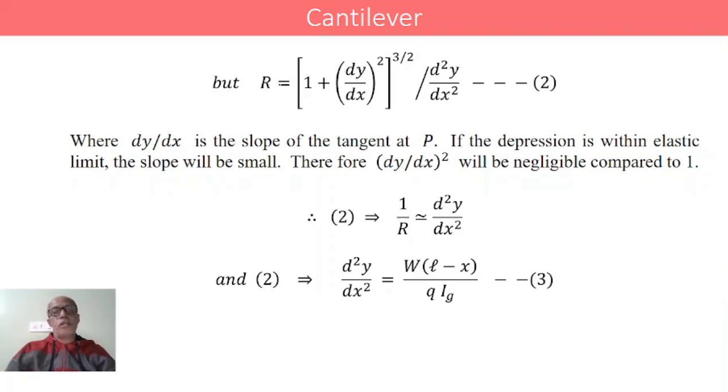But the radius of curvature is given by the expression R equals (1 plus (dy/dx) whole squared) whole to the power 3/2, divided by d²y/dx², where dy/dx is the slope of the tangent at point P. If the bending is within the elastic limit, then the slope will be small.